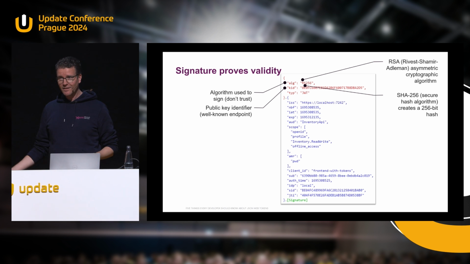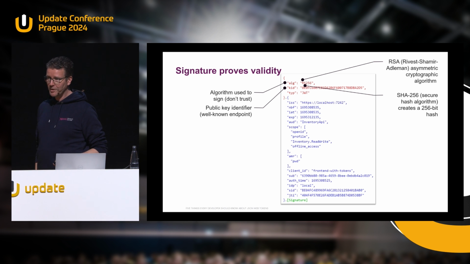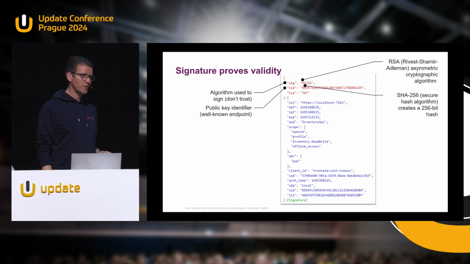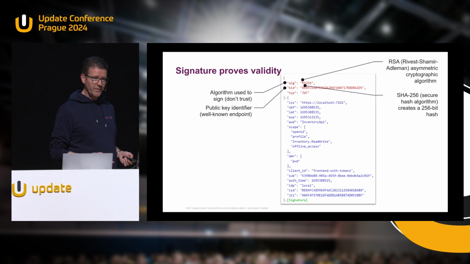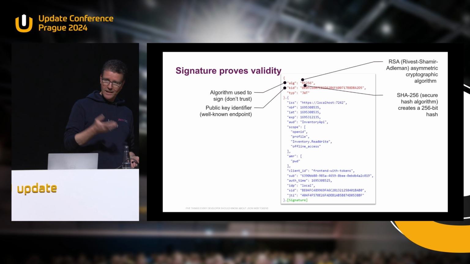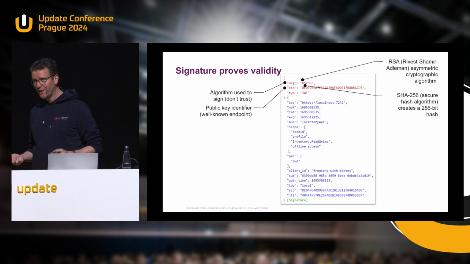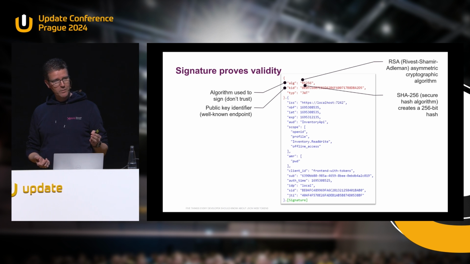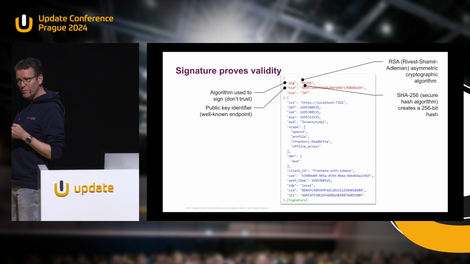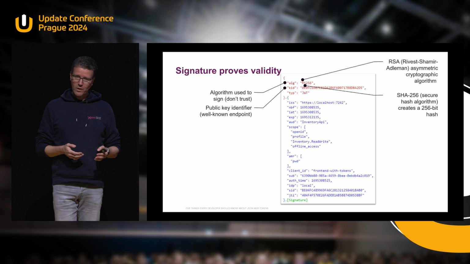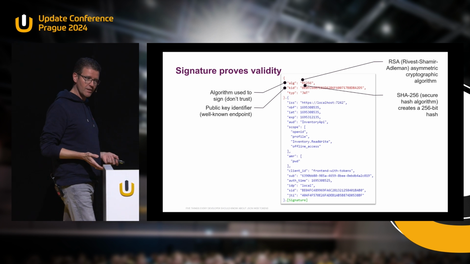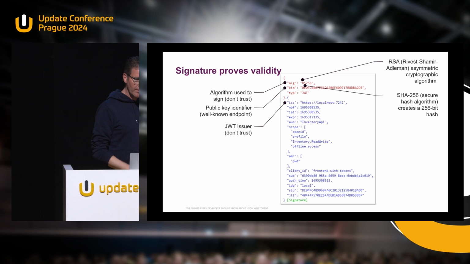And that means that the receiver of this document can now say, oh, I can see that this specific public key was used for the encryption of the signature, can decrypt it using the public key, then it will return a hash. And then you can reproduce the hash on your own side, hashing the header and the payload. And if these two are exactly the same, then you know at least somebody who holds the private key has created the signature.